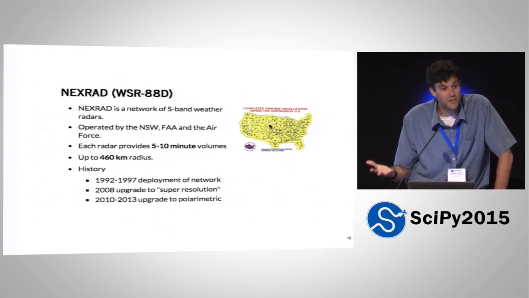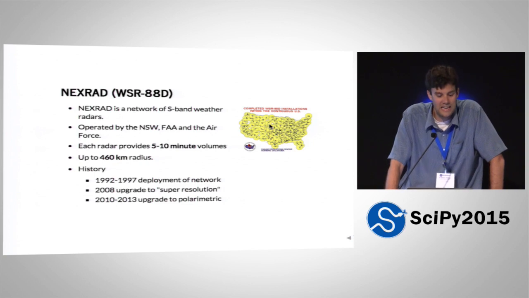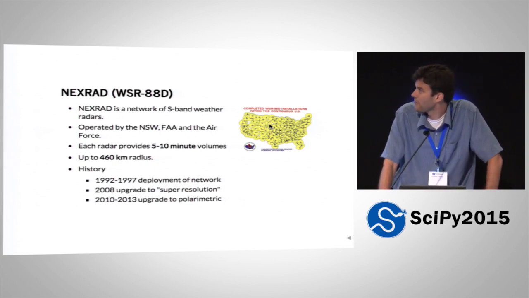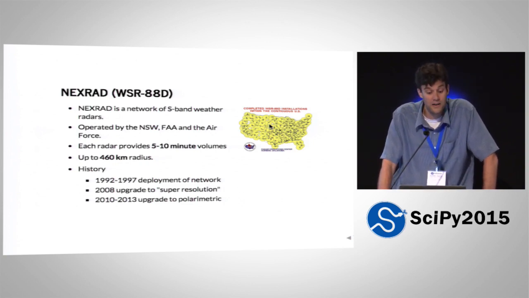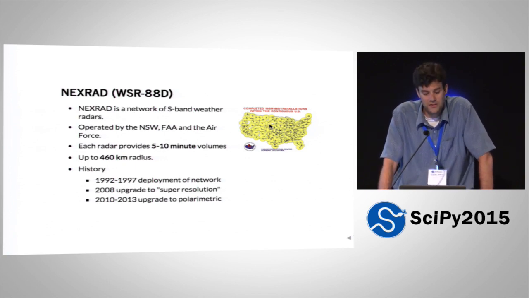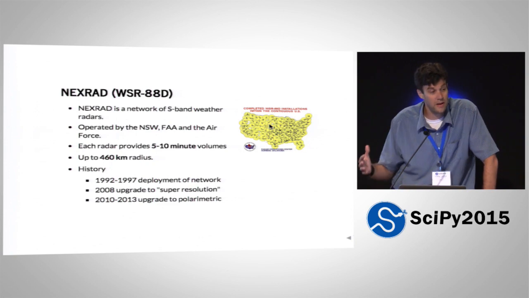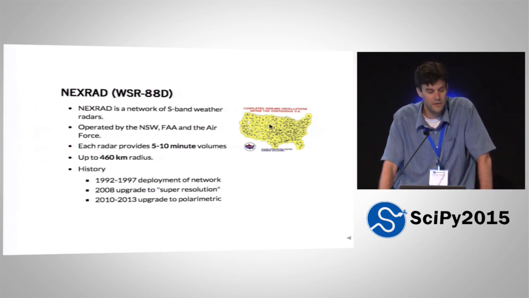So the first source of open access data is the Nexrad network, also sometimes called WSR-88D. This is a network of about 160 S-band radars across the country. They're jointly operated by the National Weather Service, the FAA, and the Air Force. You get about a full volume every 5 to 10 minutes, and these can see quite far, about 460 kilometers in radius.